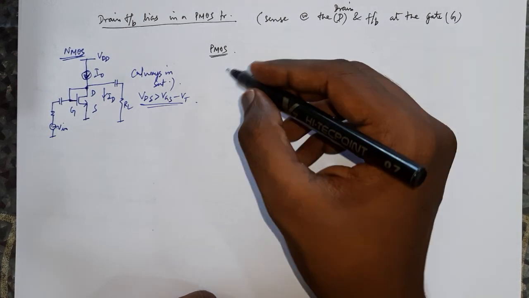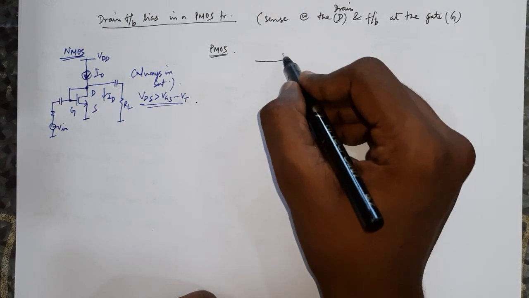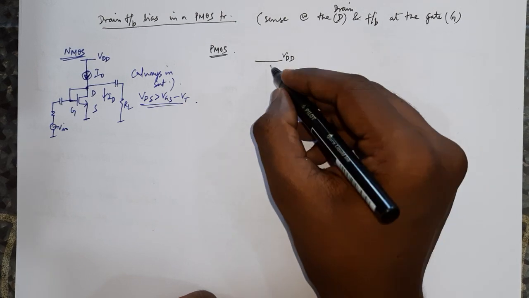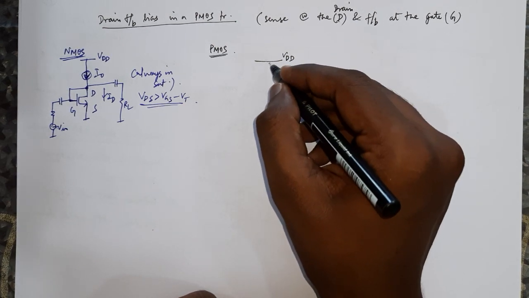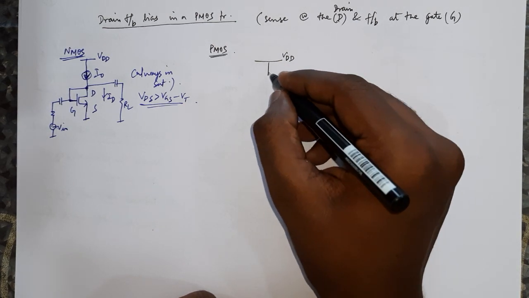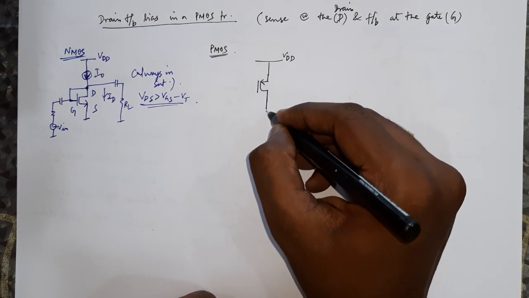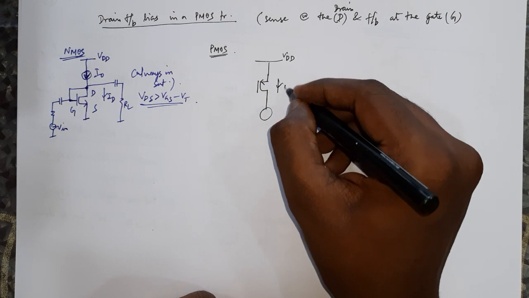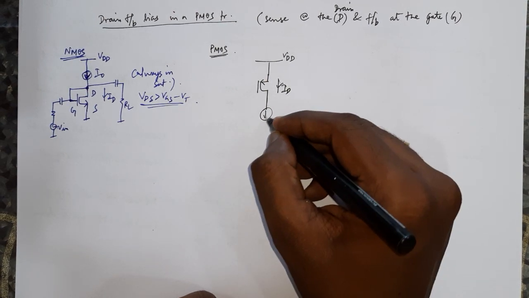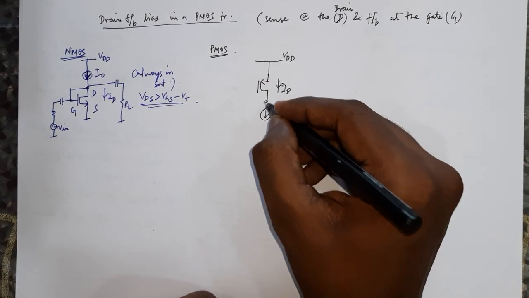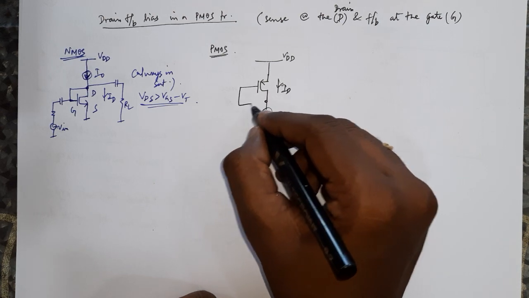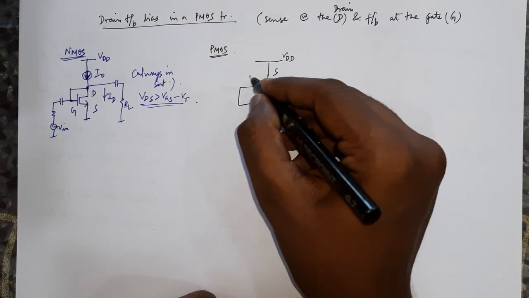That's what we said. If I do so, then my VDD will stay here only, and I'll have my source connected to my VDD, and my drain is to be compared with the current ID. So I'll have my I0, and this is the feedback node, because this is a drain, source and gate.